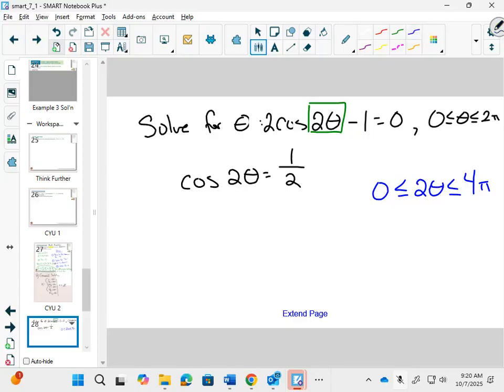Step 2, solve for 2 theta over its domain. Well, we know that it's a pi over 3 family. And cos is positive, so we would look in quadrant 1 and quadrant 4. But this is only once around the circle. And for 2 theta, how many times do we need to go around the circle? Twice.